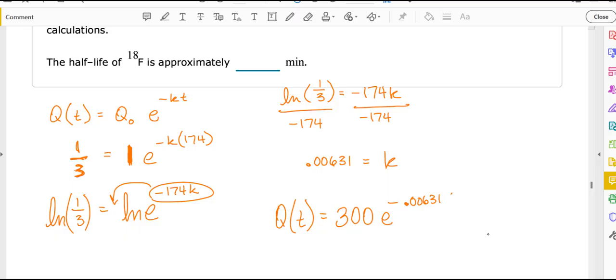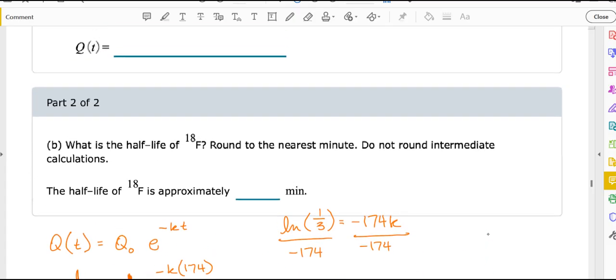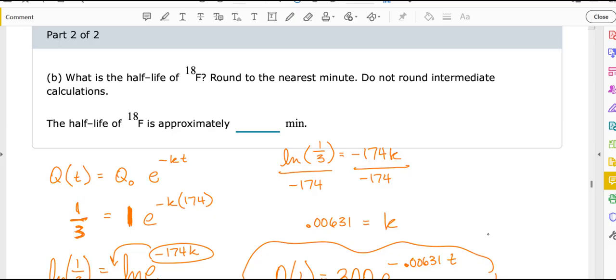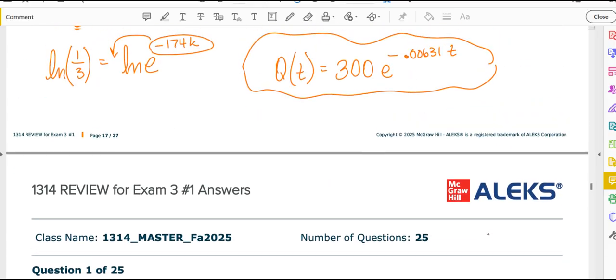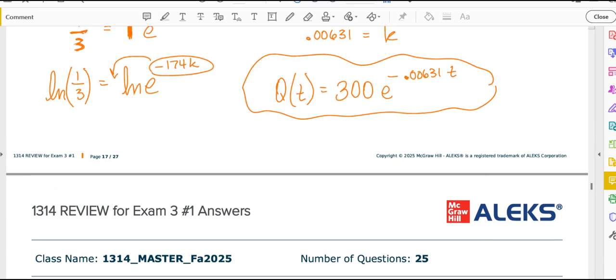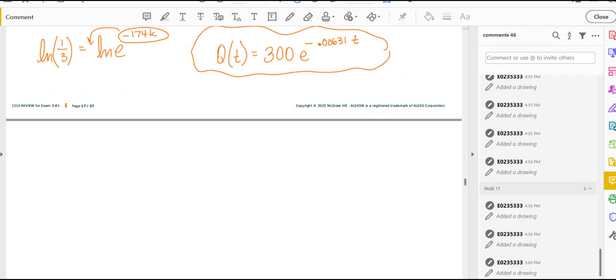Now for part 2. What is the half-life of that substance? Round to the nearest minute. Okay, to find the half-life, my initial amount was 300. So when half of it is gone, how much remains? 300 divided by 2, 150.